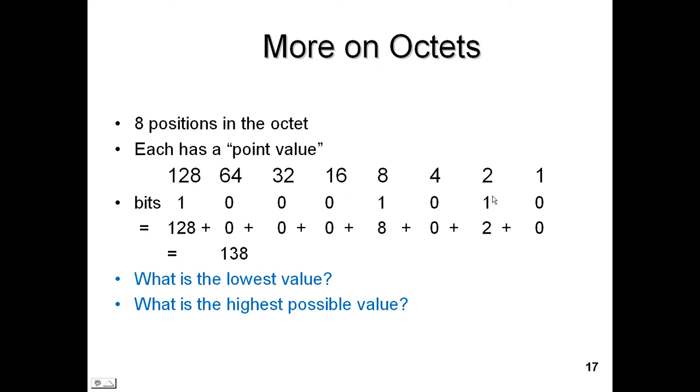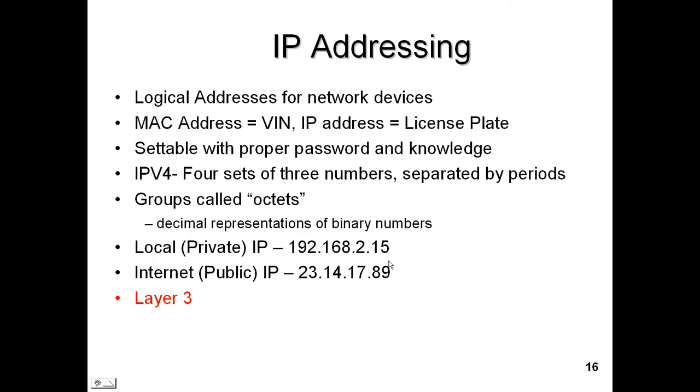If every bit's turned on, the highest value is 255. Therefore, in each of these octet positions, the highest value is 255. The lowest value is 0. If you put a number in one of these octets that's higher than 255, it's not going to work.